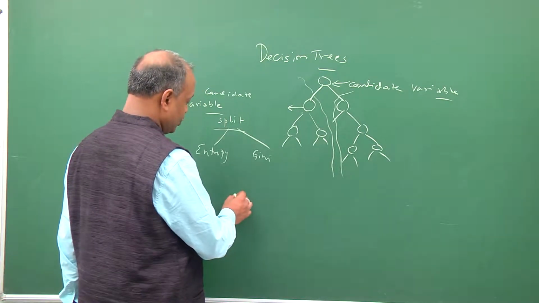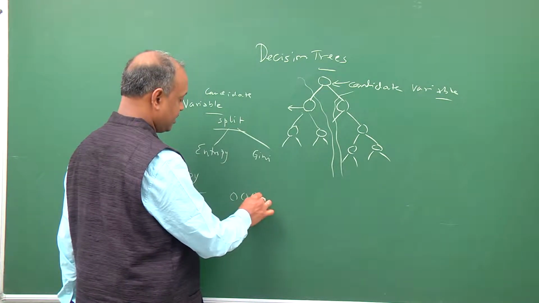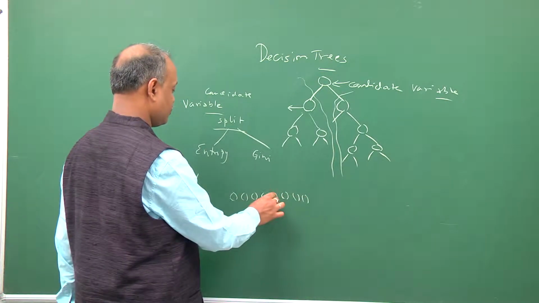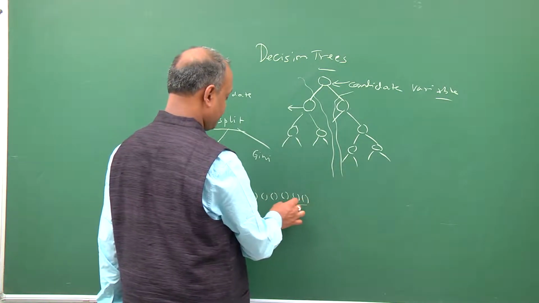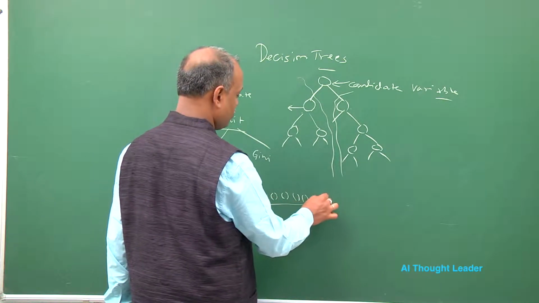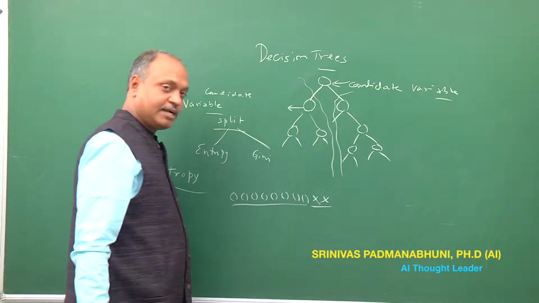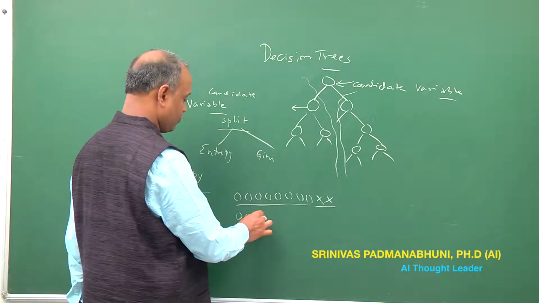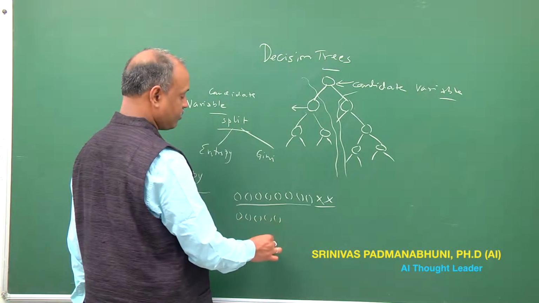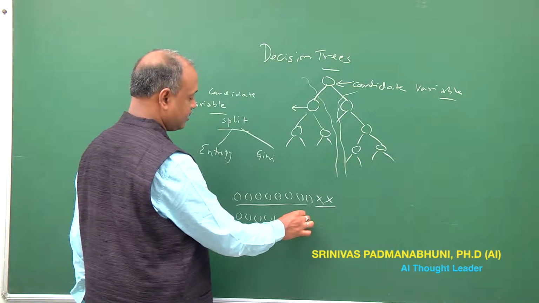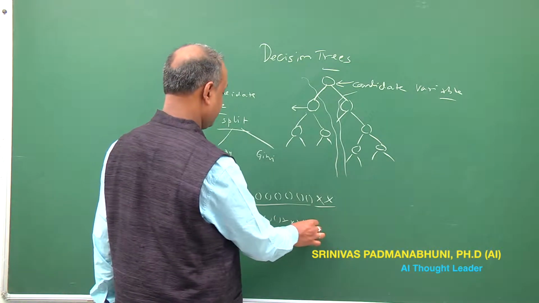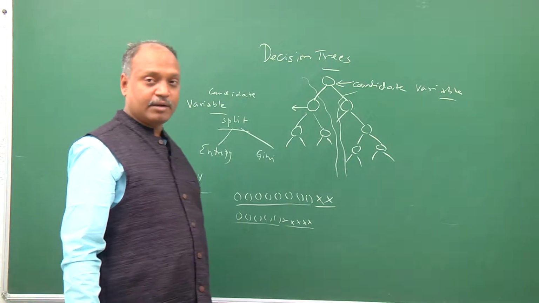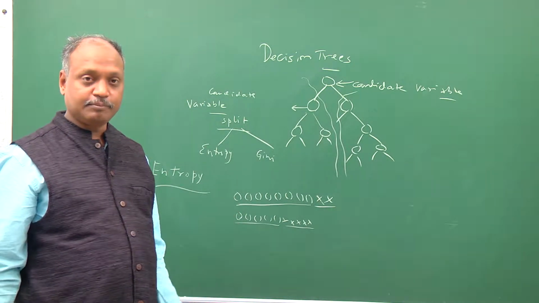Let us assume that we have a sample of 10 items where 8 of them are of one type and 2 of another type. Suppose we have another sample in which we have 5 of one type and 5 of the other type. Both of them total 10. But what is the difference between both of them?